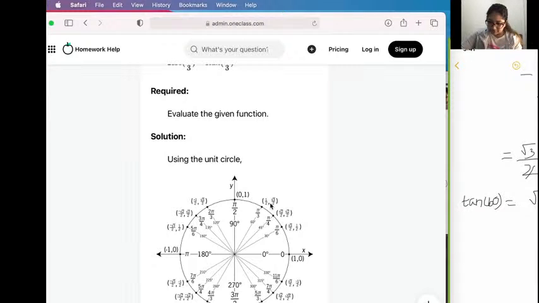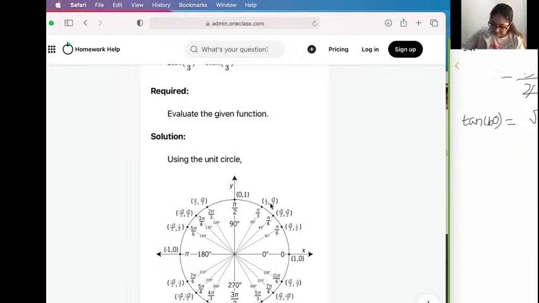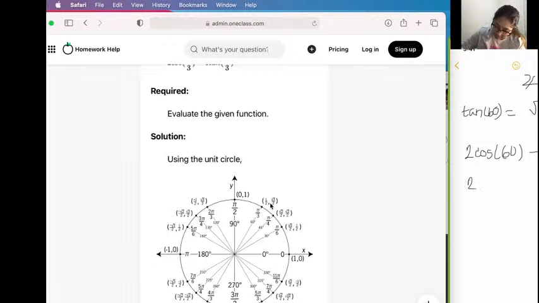So going back to our equation, 2 cos of 60 minus 6 tan of 60. Since 2 cos 60 is 2 times a half, which is 1, minus 6 root 3.